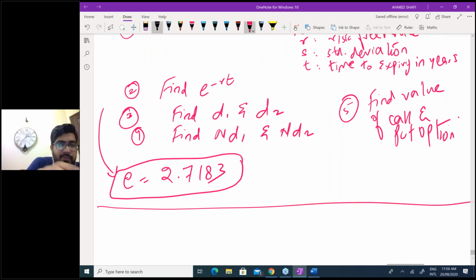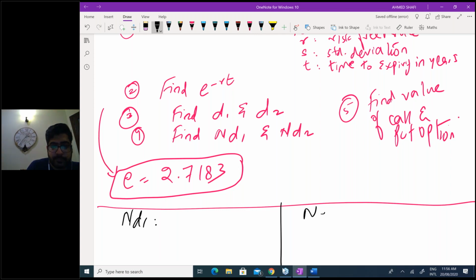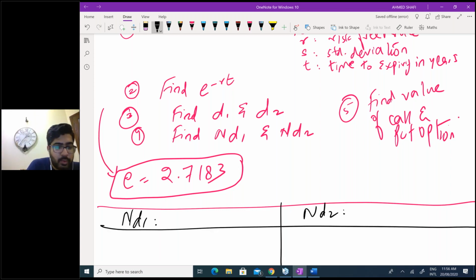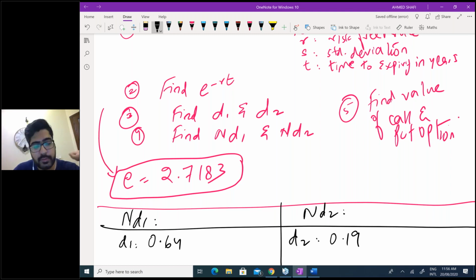Now for N(D1) and N(D2), you need to first find what was D1, what was D2. Pay attention to this. So D1 was 2 decimal places, 0.64, and D2 was 0.19, 2 decimal places, right?